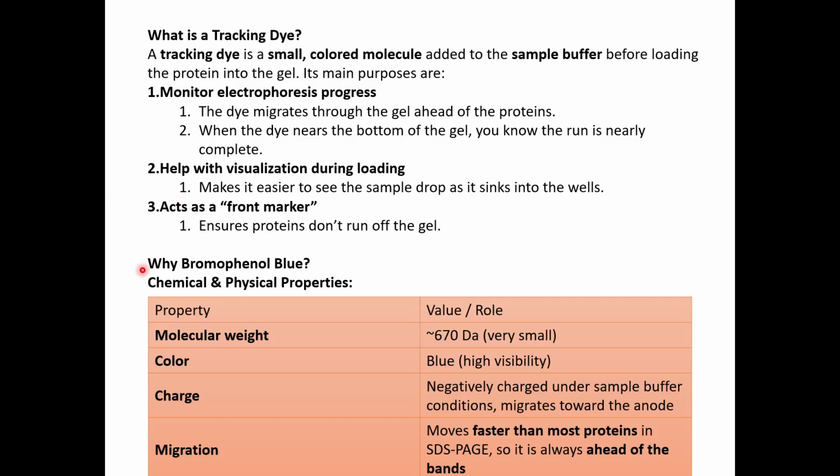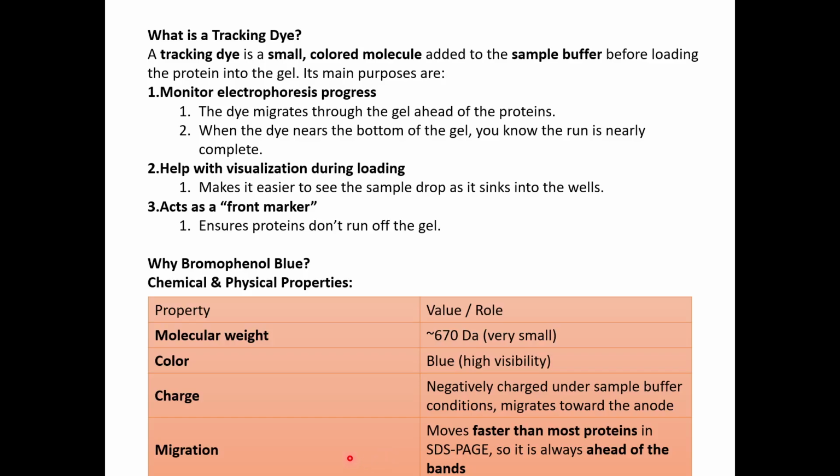We also used bromophenol blue as the tracking dye. It is a very small molecule, about 670 daltons, and it is blue in color and has high visibility. It is negatively charged under sample buffer conditions, so it migrates towards the anode. It will run along with your protein sample but in the front.